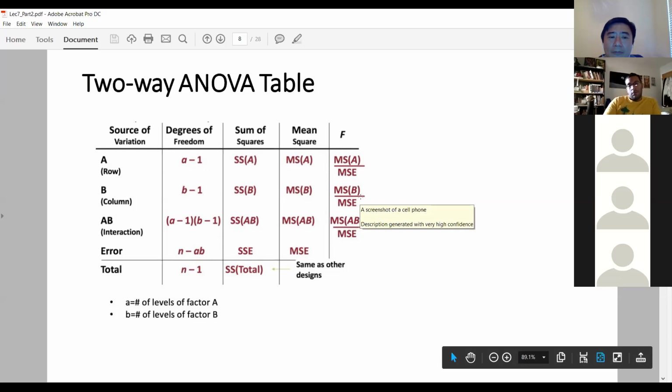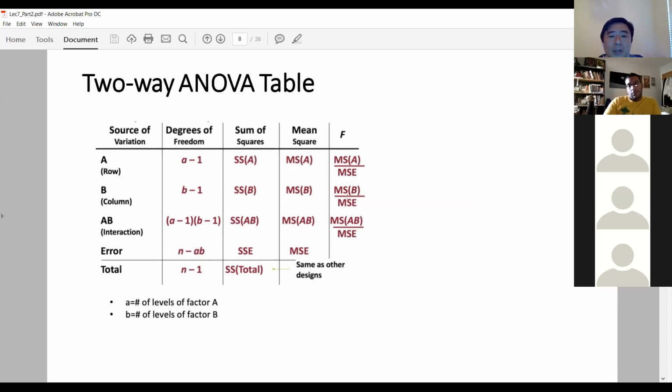The second has numerator degree of freedom B-1 and denominator degree of freedom n-ab. And this one has numerator degree of freedom A-1 times B-1, and denominator degree of freedom n-ab.